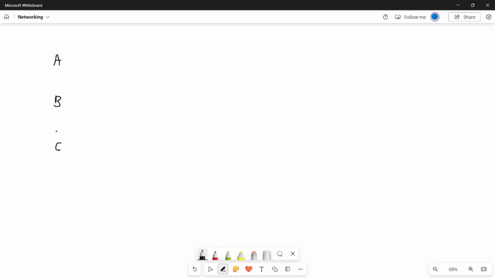Let's say there is an IP address in class A. For a class A IP address, we know it uses the first 8 bits for the network ID, these are net IDs, and the other 24 bits are host IDs.